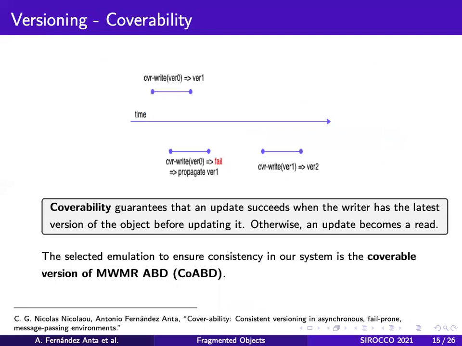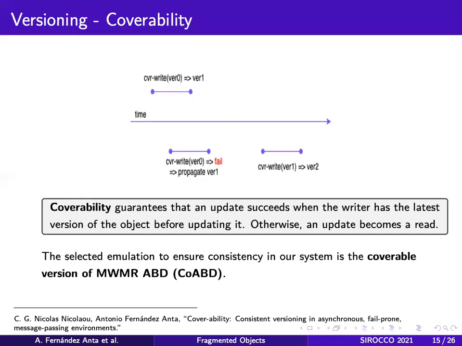The coverability notion extends linearizability with the additional guarantee that an update succeeds when the writer has the latest version of the block before updating. Otherwise, an update becomes a read and returns the latest version with its value.